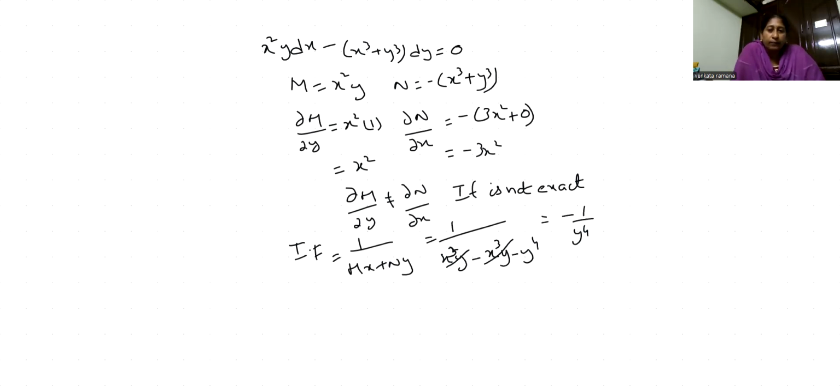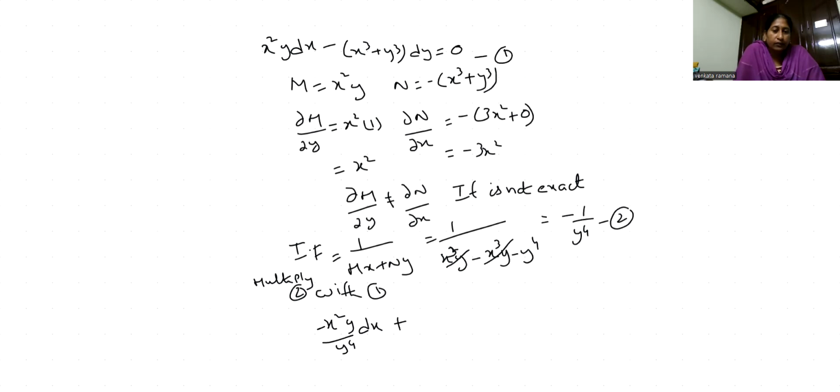When we multiply the integrating factor with the given differential equation, we get x square y by y power 4 dx, and minus into minus gives plus (x cube plus y cube) by y power 4 dy, equal to 0.